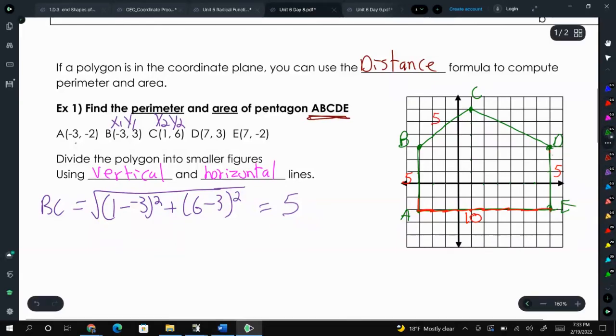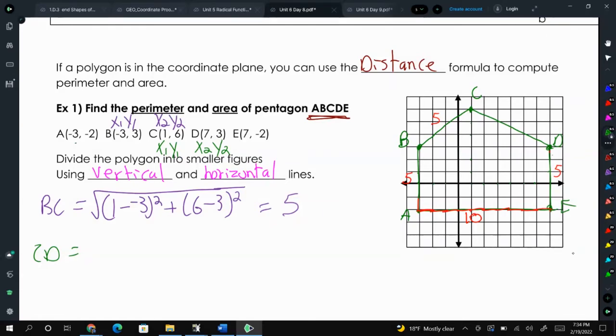Now for CD, I'm going to write x1, y1, x2, y2. And notice how I wrote the x1, y1, x2, y2 for BC above, and for CD below the coordinates, so that way I don't get them mixed up, because you see in the purple one I made point C x2, y2, but in my green segment CD I made it point C x1, y1. So tips like that will stop you from getting confused.